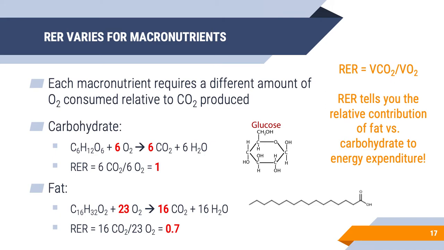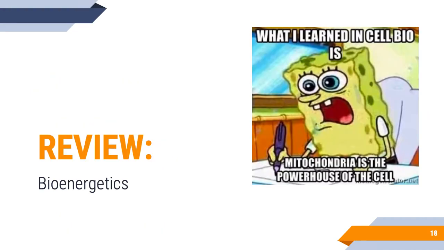That's why our scale only ranges from 0.7 to 1.0, because the oxidation of pure fat is equal to 0.7 and the oxidation of pure glucose is 1.0. So by that, we can use RER to tell us the relative contribution of fat versus carbohydrates towards energy expenditure.